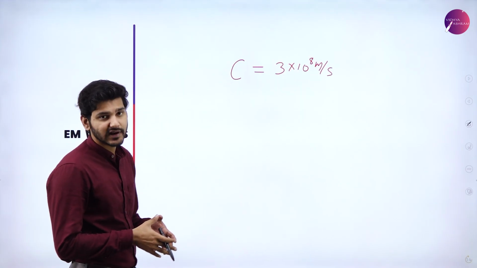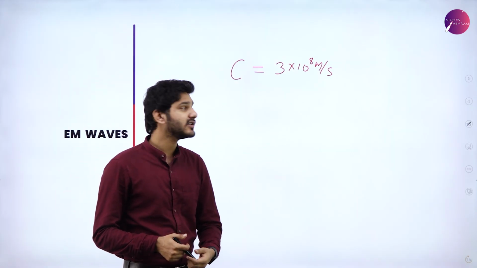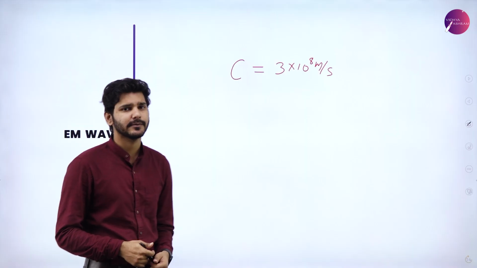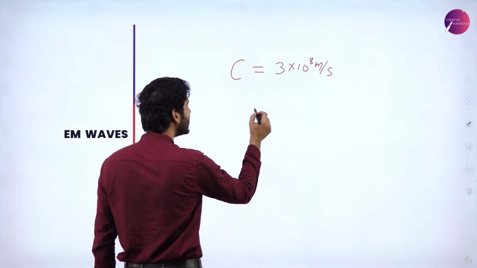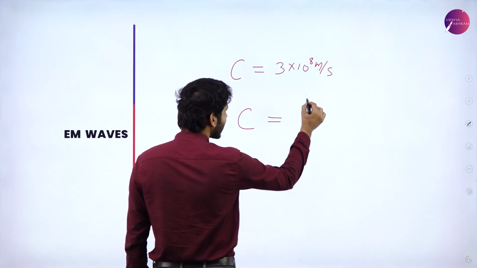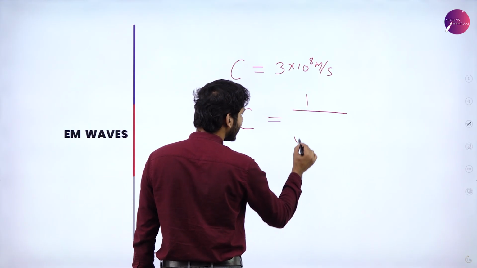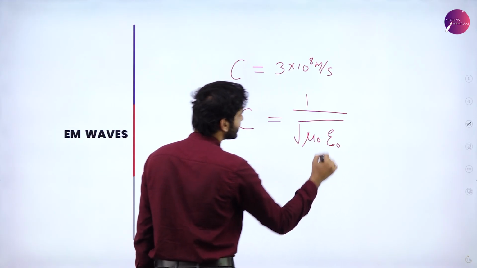Now we can represent this in one more way: the speed of light c can be represented as 1 divided by the square root of mu naught into epsilon naught.